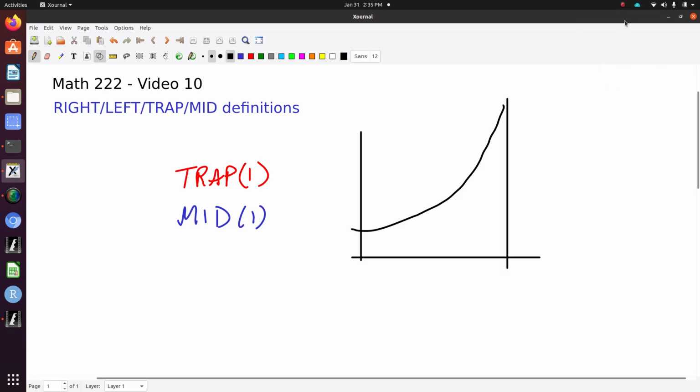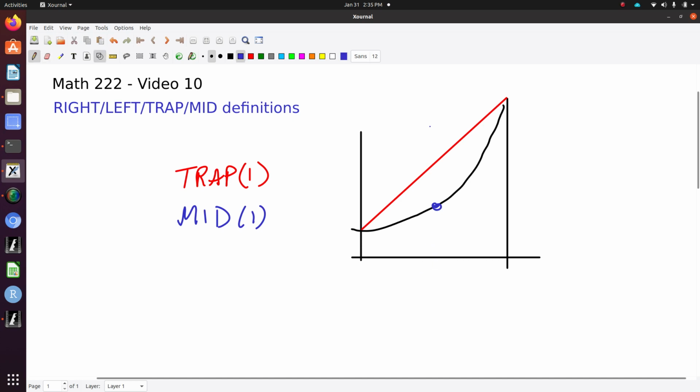Okay, so I have a function here that's increasing and concave up. So trap 1 would literally connect you from here to here, and you will find the area under that region, and that would be the trapezoid that approximates that area. But what we do for mid 1 is we say instead, along the x-axis, where's the middle, and then we're going to see what is f at that point.